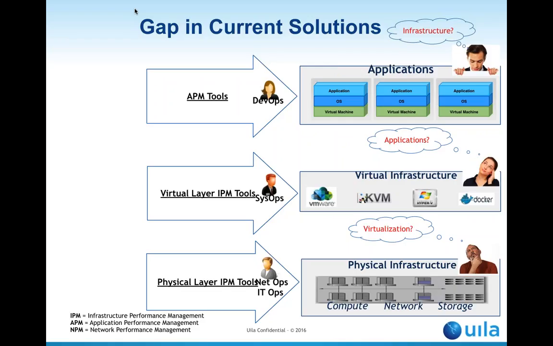So again, back to troubleshooting, which tool do you use to quickly identify the root cause of the application performance issue? Or even more fundamentally, how do you even get full stack visibility of your entire data center, from the application all the way through the virtualization layer to the physical infrastructure? That remains a challenge.